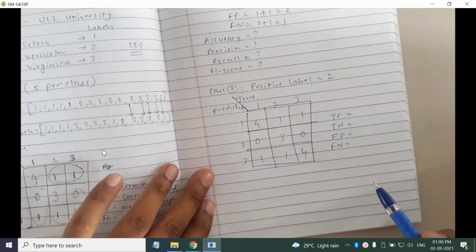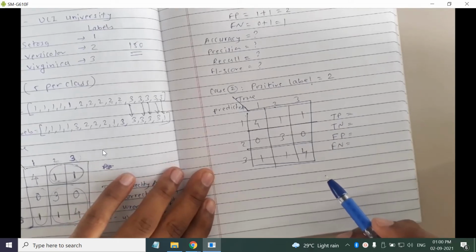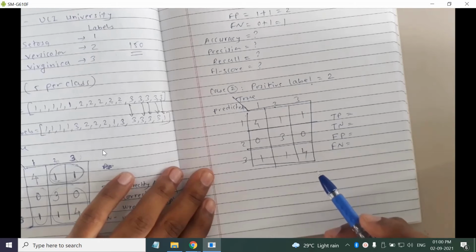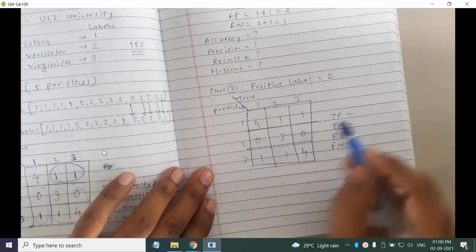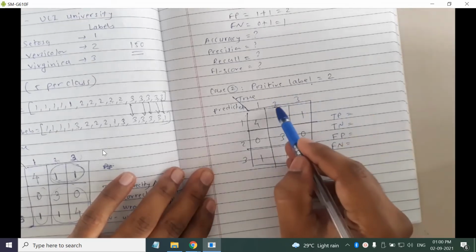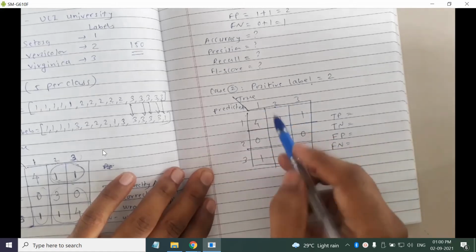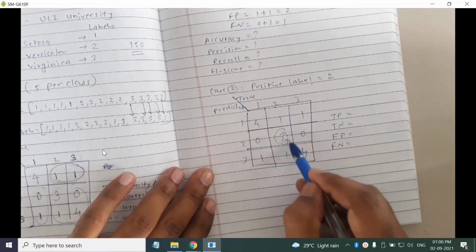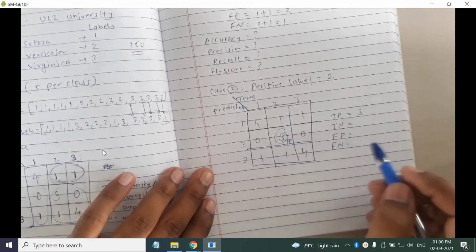So what will be the true positive? 3. Please be loud. One said 3. Any other answer? True positive, we are interested in 2. So in this case 2 is positive, 1 and 3 are negative. So this is true positive because the label is 2 and predicted is 2. So true positive is 3.